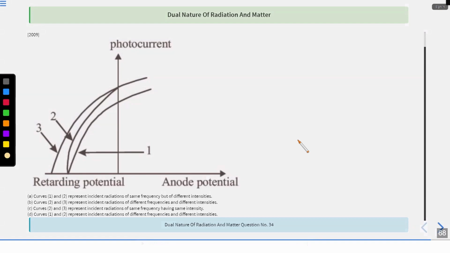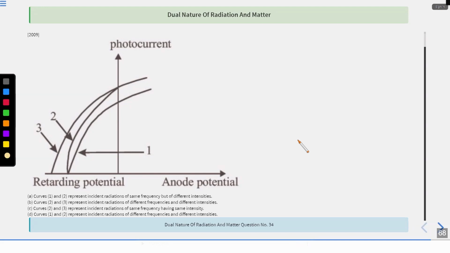Curves 2 and 3 represent incident radiations of different frequencies and different intensities. Curves 2 and 3 represent incident radiations of the same frequency having the same intensity. Curves 1 and 2 represent incident radiations of different frequencies and different intensities.